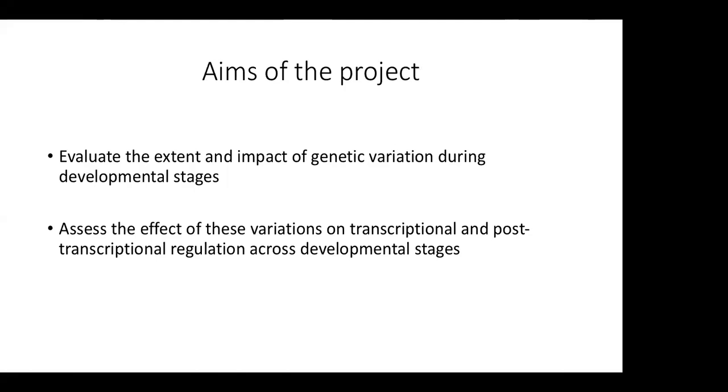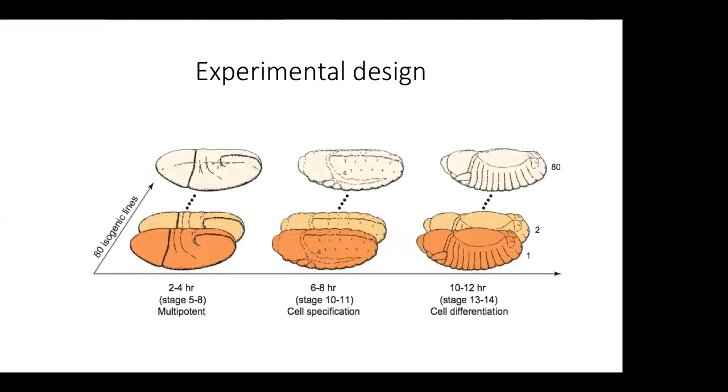What we did, and Nacho mentioned this before, that was extremely painful for us, is to collect Drosophila embryos at 3 different time points. And we chose to use the genome panel that Trudy McKay made available for the entire community.